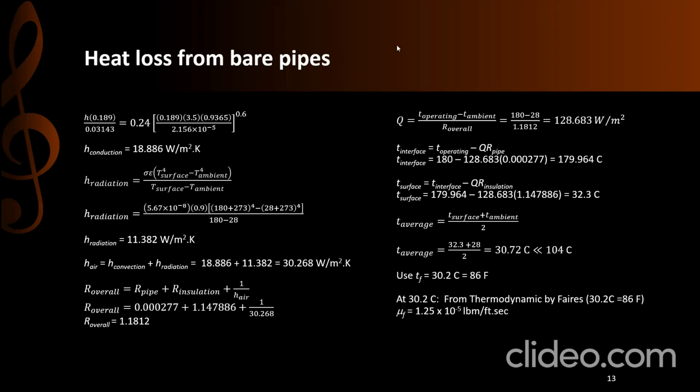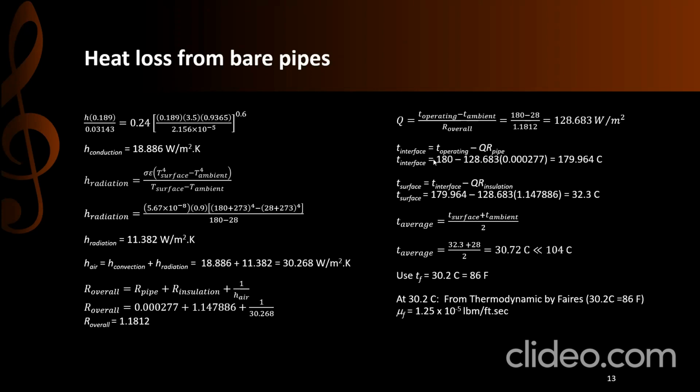Then R overall, right? So the R overall is 1.1812. So Q is now T operating minus T ambient divided by R overall is 180 minus 28 over 1.1812 is 128.683 watts per square meter.